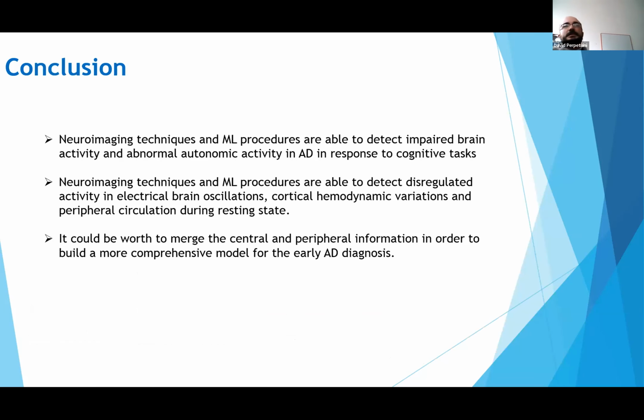So finally, we can say that neuroimaging techniques and machine learning procedures can be used to support Alzheimer's disease diagnosis. Particularly, they can be used during the administration of clinical tests in order to help the physician perform the diagnosis.